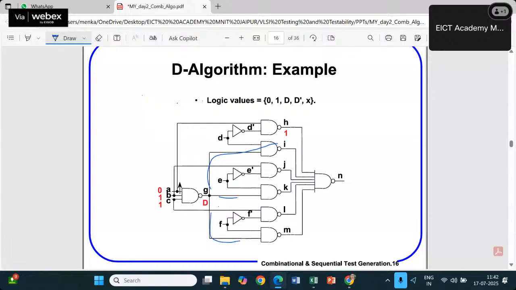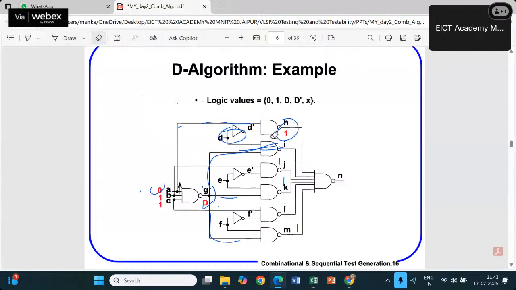So if I am passing it through this gate, look at this. If this one is 0, this A is connected to this H gate. So irrespective of whatever D value I will be having, I am having over here 1. If I want to pass this fault through the I gate, it means all others are expected to be 1, right? So first of all, I will try to pass it through the I gate.